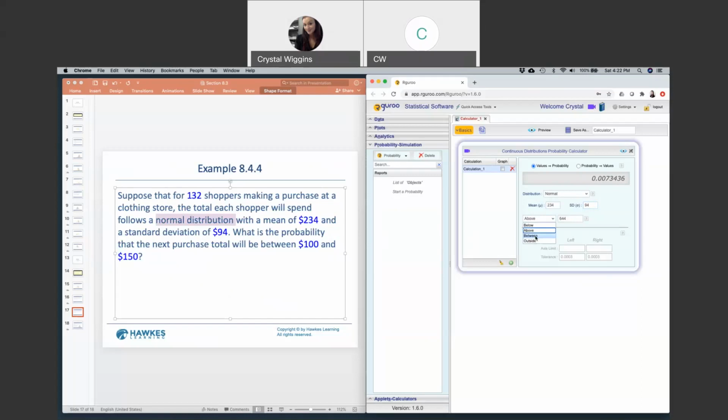So we're going to select between in Rguroo. We're going to type in the lower limit of 100 and the upper limit of 150 and calculate the probability. And we come out to 0.1088 when we round, which is a 10.88% chance that the next purchase total will be between $100 and $150.